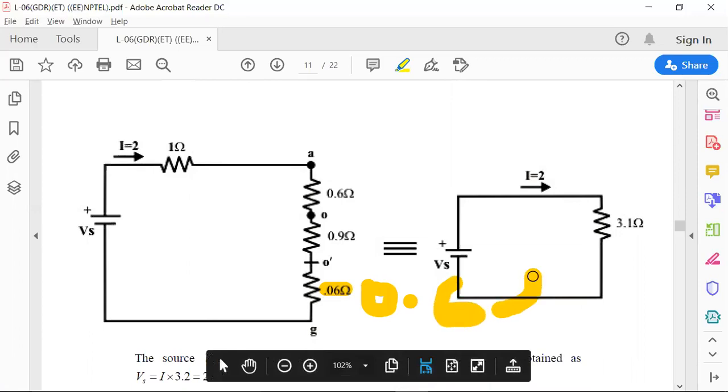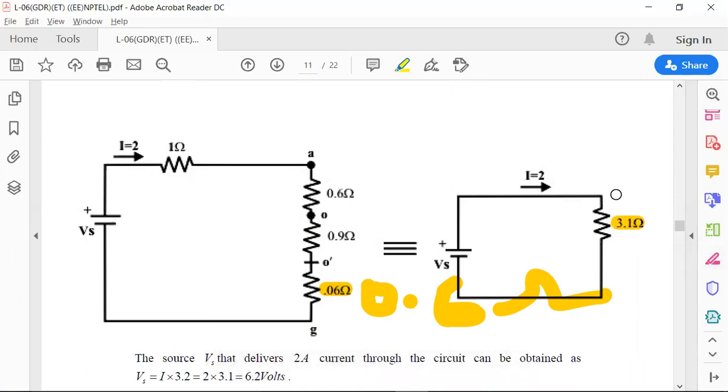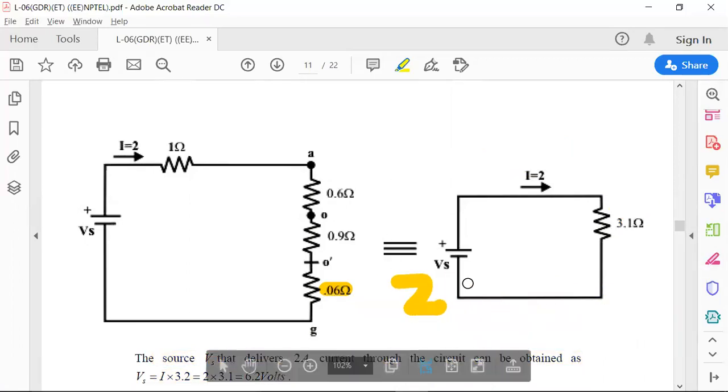This is 0.6 ohms, and 0.6 plus 0.6 plus 0.9. Then this is also wrong. Instead of 3.1, it should be 2.1. The value will be 2.1 ohms.